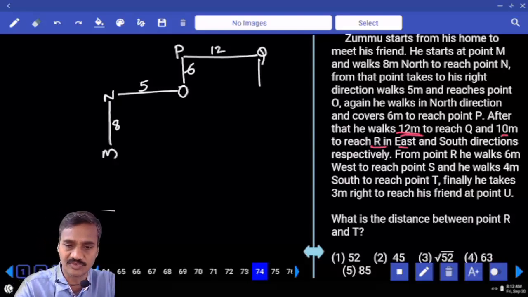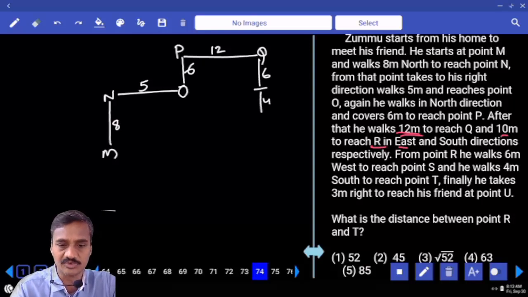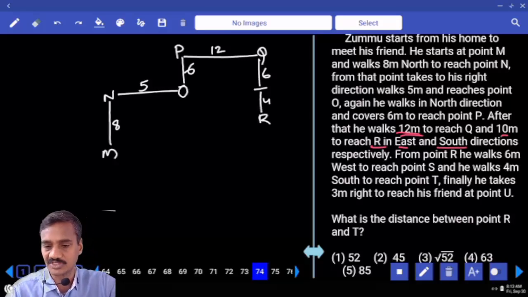Now 6 plus 4, this is 6 and another 4, 6 plus 4, 10 meters, to reach point R, in the south direction.